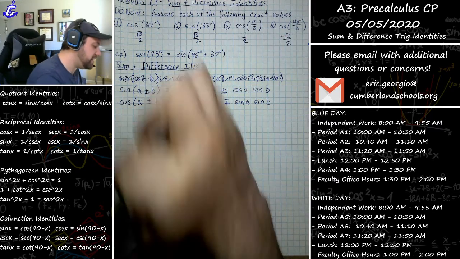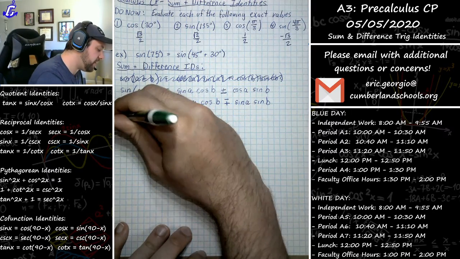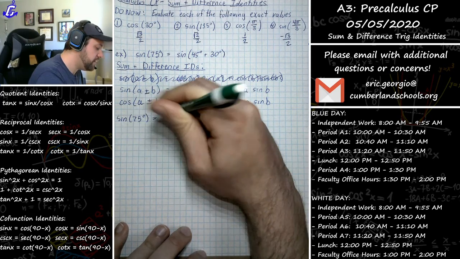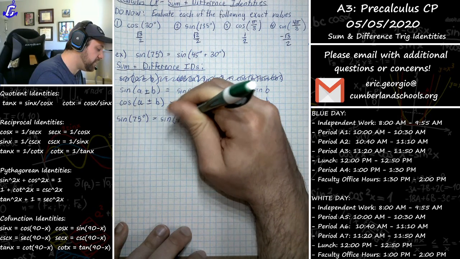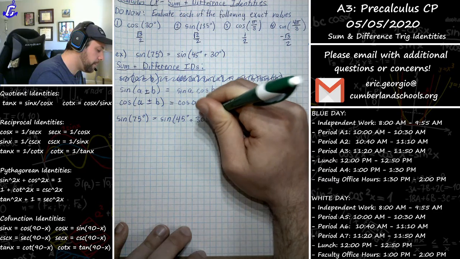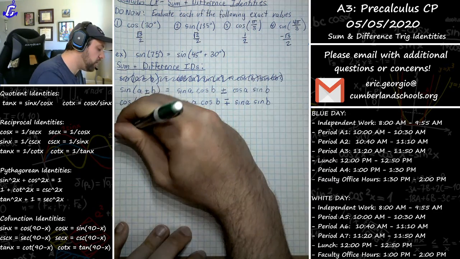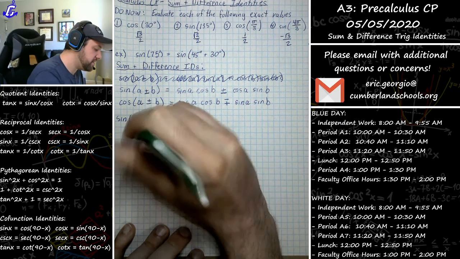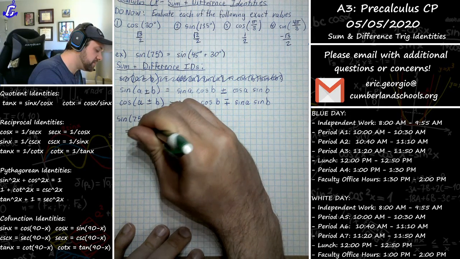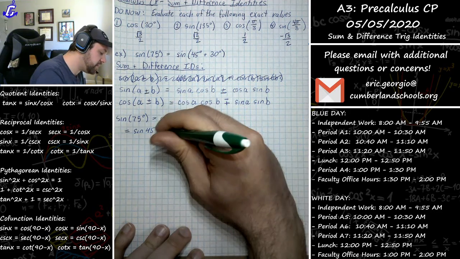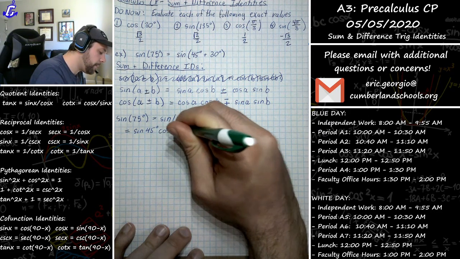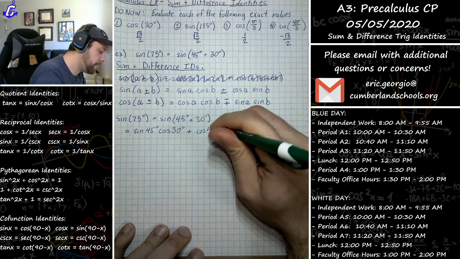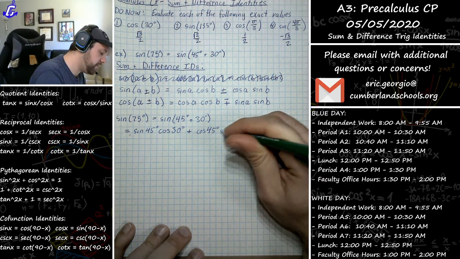Using our identity now, we could now say that the sine of 75 degrees is the same as the sine of 45 degrees plus 30 degrees, which according to our identity, we can write as sine of A plus B. We could say it's the sine of 45 times the cosine of 30 plus the cosine of 45 times the sine of 30.